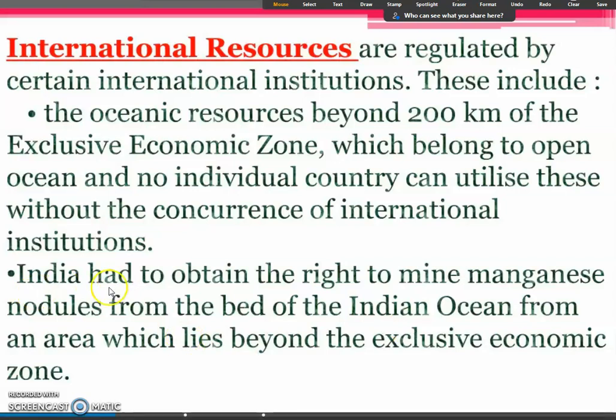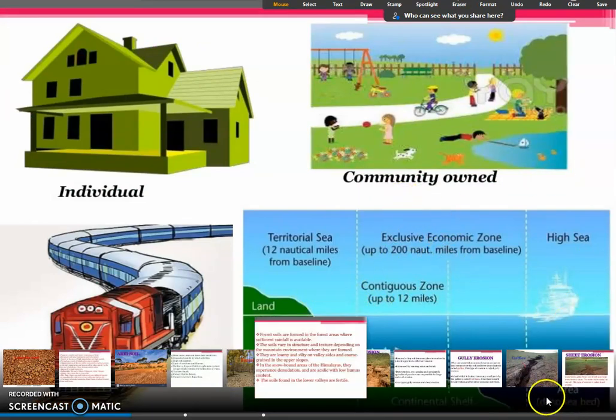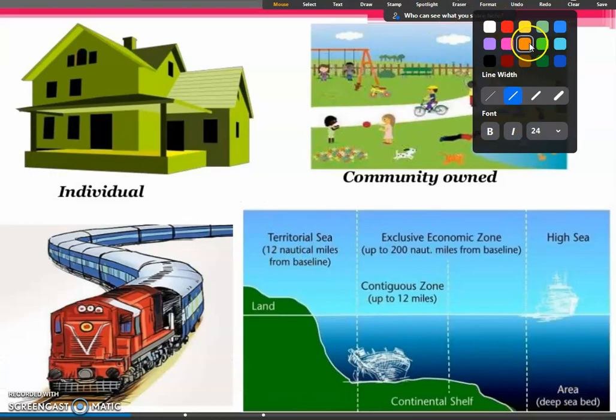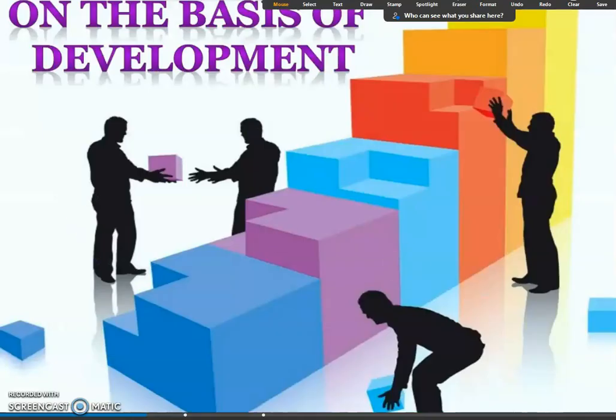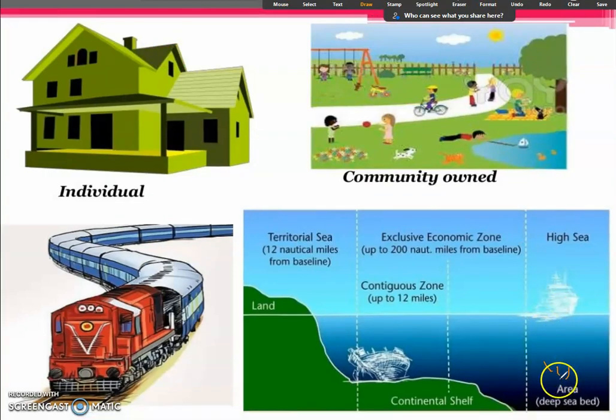India is one example we can take. India has obtained the right to mine manganese nodules from the bed of the Indian Ocean, from an area which lies beyond the exclusive economic zone. Up to here the 12 nautical miles finished, but here in the area of the deep seabed, some manganese nodules are there.